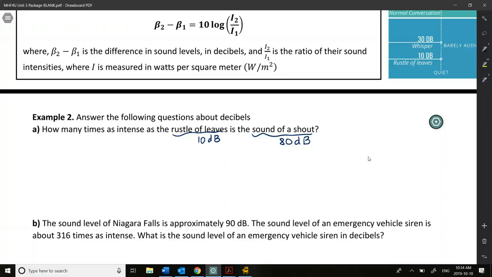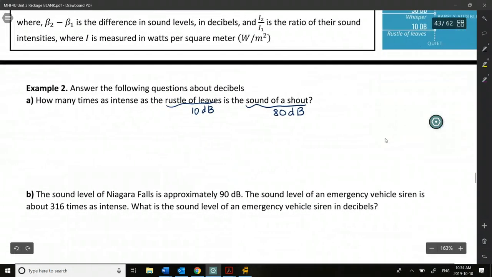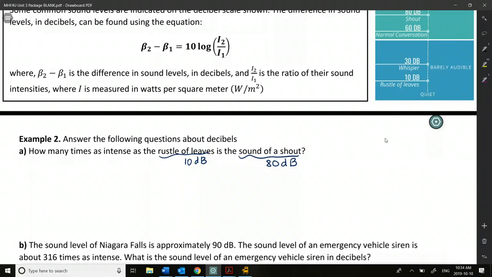Normally if I'm comparing a louder sound to a quieter sound and it says how many times more intense, I'll do the louder sound minus the quieter sound. Isn't that 60? No, the values are above the labels here. So shout is 80. Normal conversation is 60. I'm going to put the louder sound in beta 2, so the sound of the shout minus the sound of the rustle of leaves.